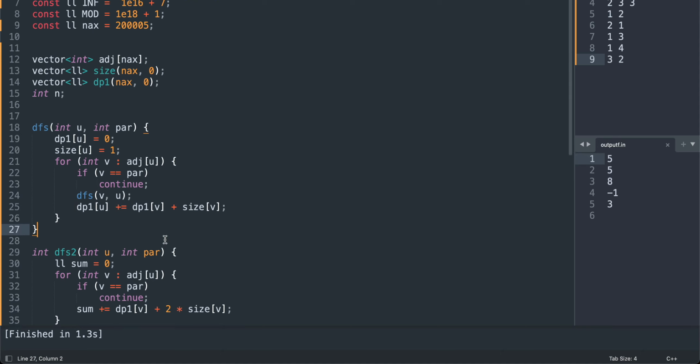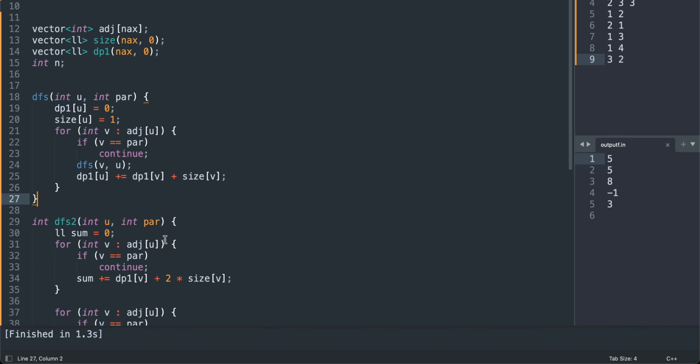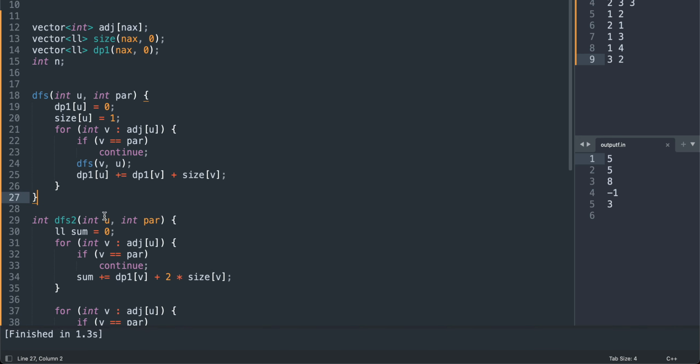So dp1 is known here. So dp1 of a leaf node will be 0, right? Yeah, but on the second level nodes it will be the leaf node's value plus the size of the leaf node, which is 1, so it will be 1.